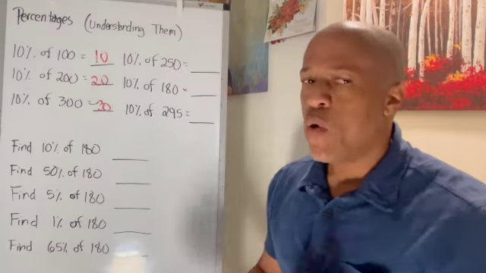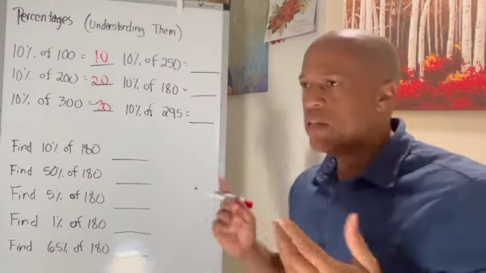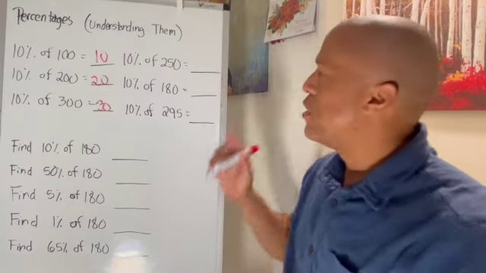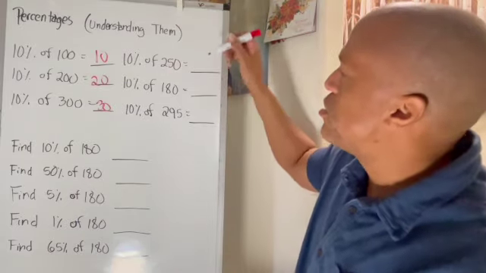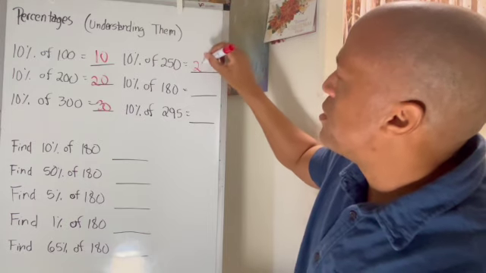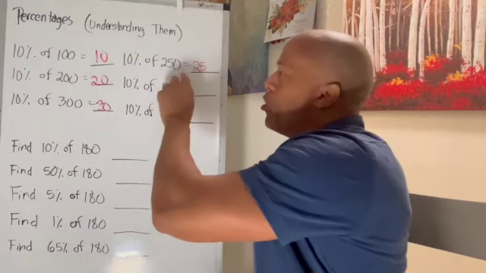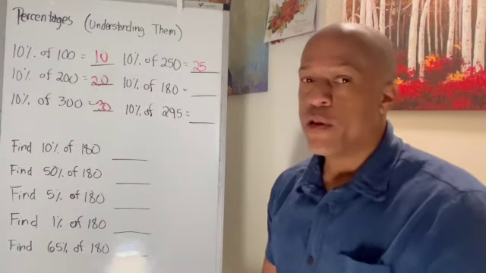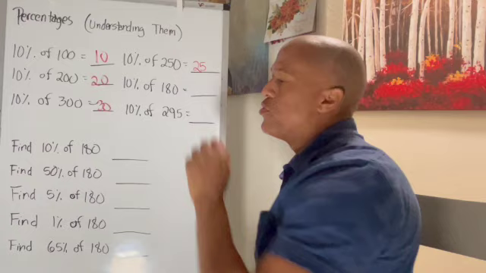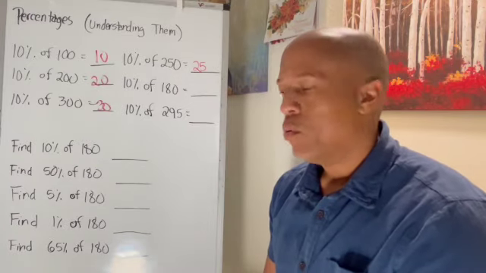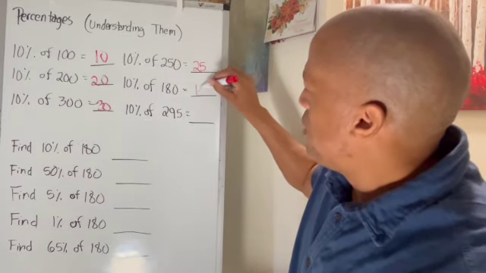Again, I might get some different answers, but we'll get there eventually. And eventually we'll get there to, well, it's just 25, right? Yes, it is 25. Moving that decimal over one, I get that it's 25. What's 10% of 180? Well, then that would have to be 18, right?